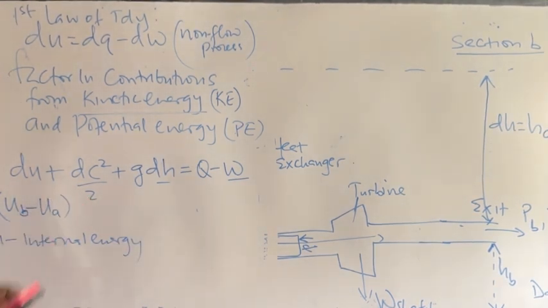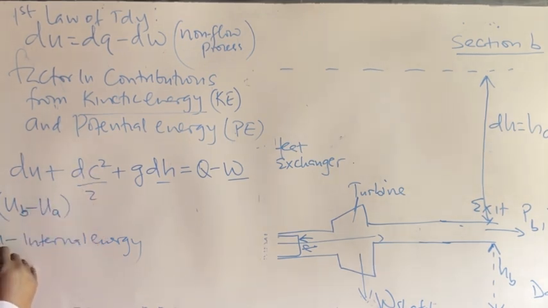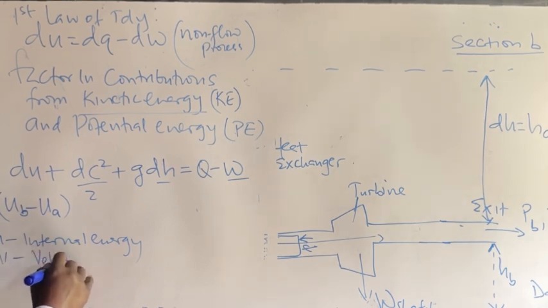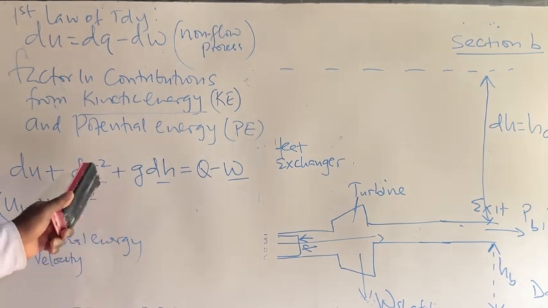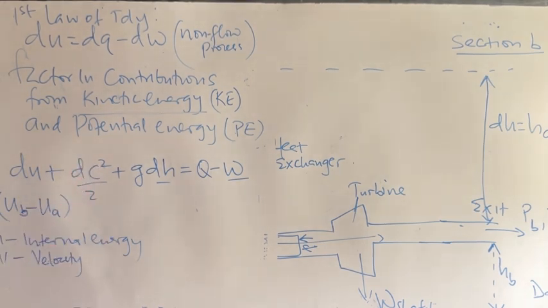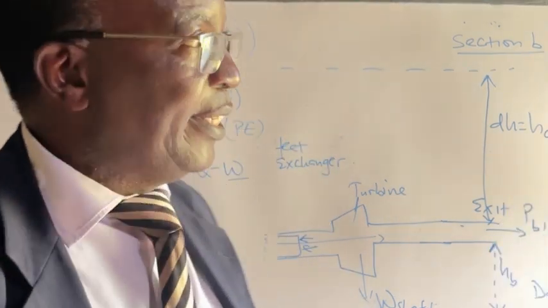And then C, which we are saying is our velocity, or we can call it V. It's given in the second term where we have kinetic energy, which is normally half times mass times velocity squared.